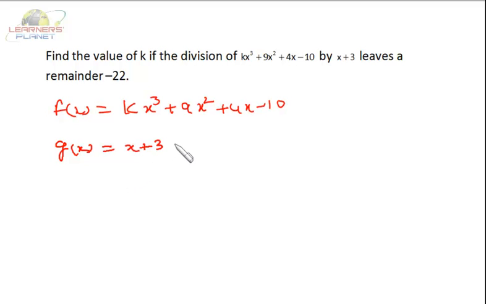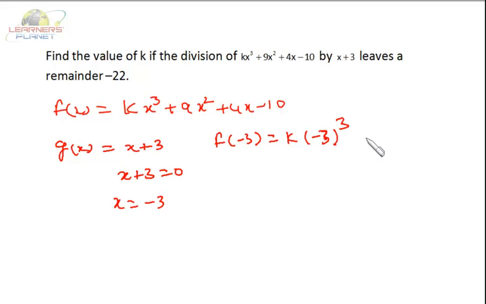Now equate g(x) to 0. So x plus 3 is 0. That means x is equal to minus 3. Now we have to calculate f of minus 3. So put the value of x as minus 3 in this expression. So it's k into minus 3 cube plus 9 into minus 3 square plus 4 into minus 3 minus 10.